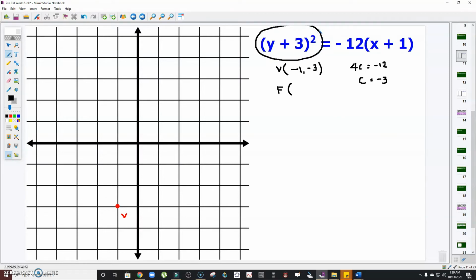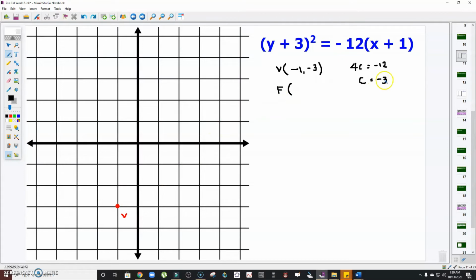If that's the case, either the parabola opens to the right or to the left. Now, how do you know if it is left or right? Since it is negative, it implies the parabola opens to the left. Again, the parabola opens to the left. Meaning to say, you can find the focus to the left of the vertex.